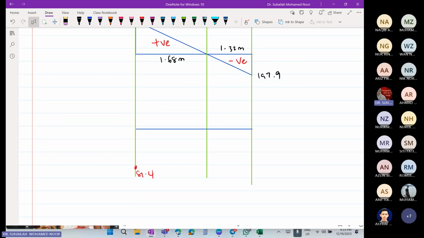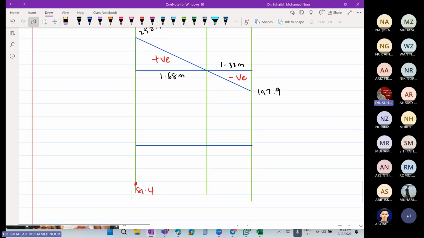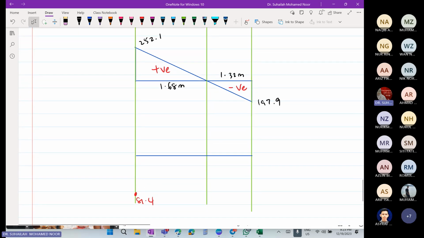We have to plus the area of the first triangular. We have to plus 0.5 times 252.1 times 1.68. We get the value is equivalent to 130.4. It is positive.